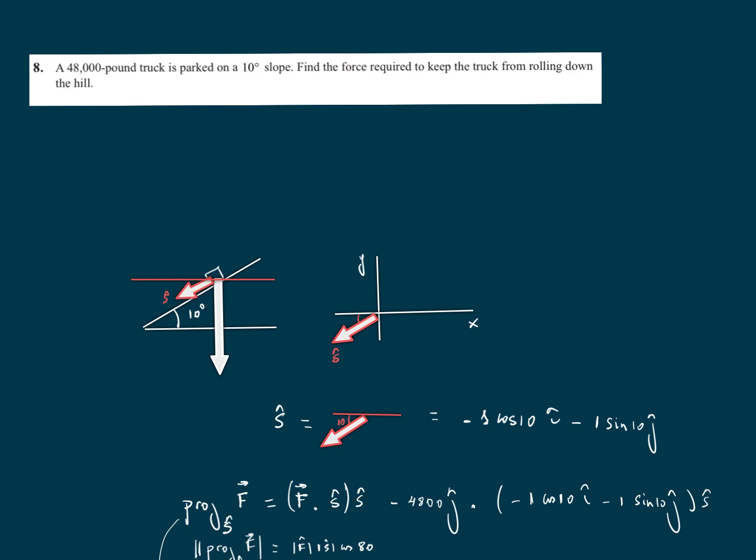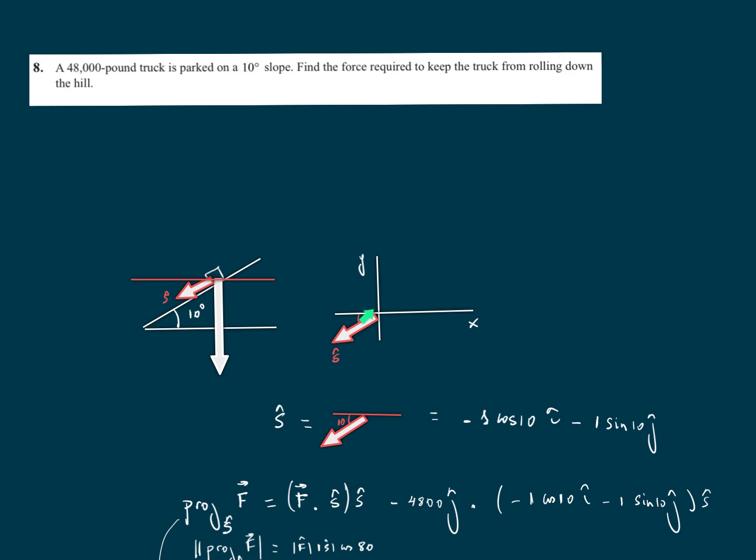Well, you know how to do it, because we have to find the projection of the force F onto the direction of S. So the vector S, let's find the vector S. The vector S is made of two vectors.